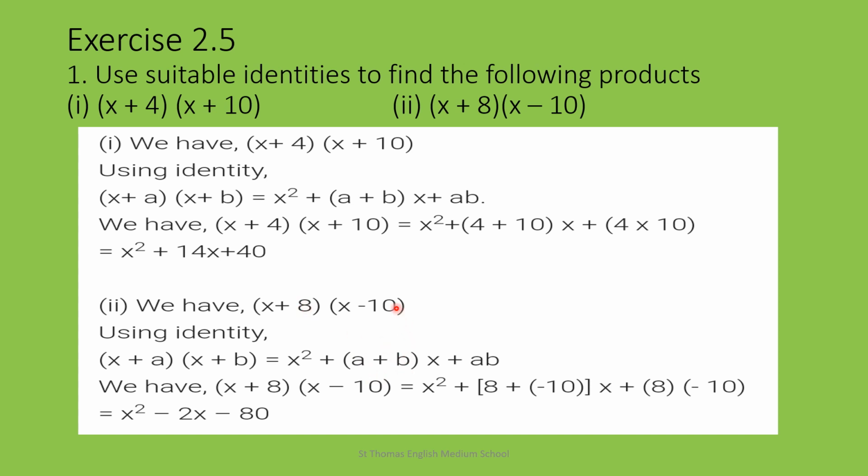You replace a and b by 8 and minus 10. You will have x square plus 8 plus minus 10 multiplied by x plus 8 multiplied by minus 10. You will have x square minus 2x, and 8 multiplied by minus 10 is minus 80.